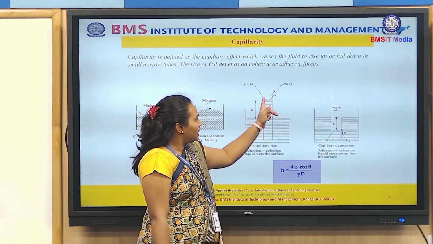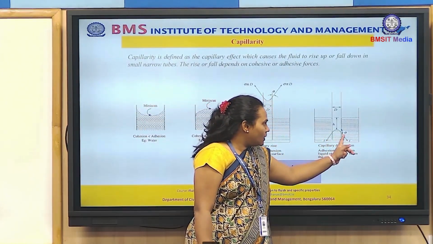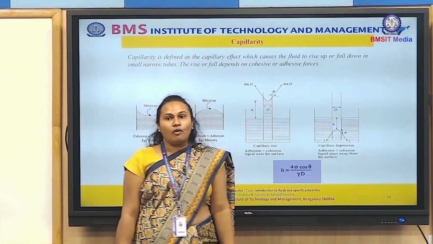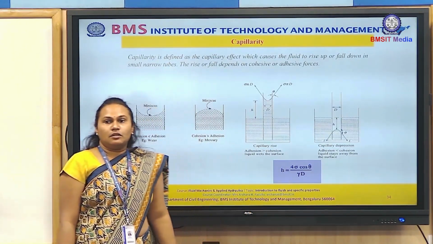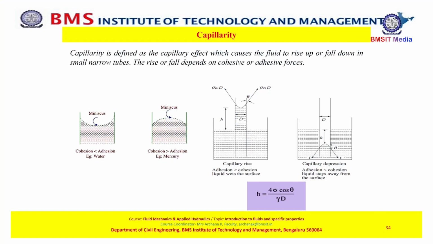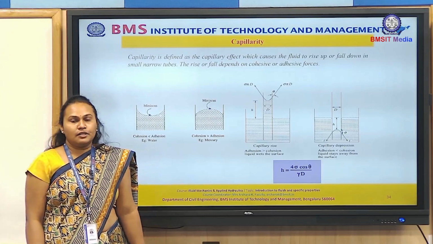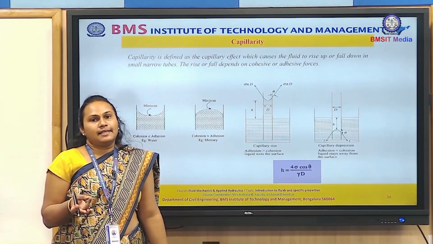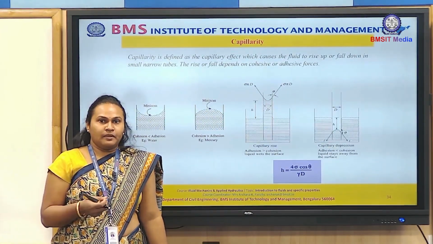So this will be theta in case of rise, and this is theta in case of fall. And rho g, or gamma, is nothing but your specific weight, and d is the diameter of the test tube. So we have discussed three new properties: viscosity, surface tension, and capillarity.